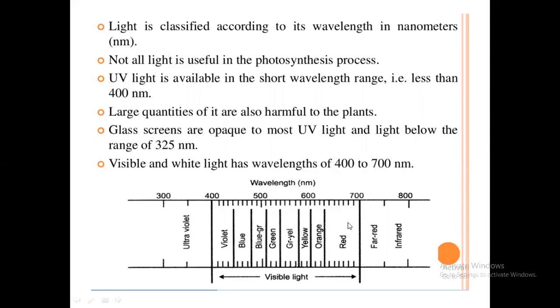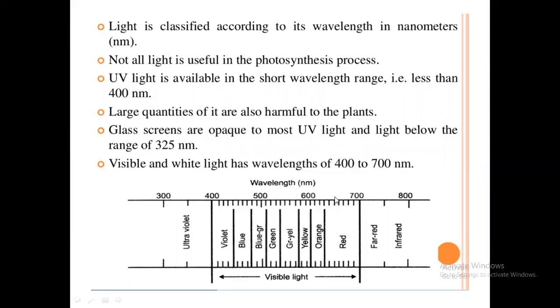This much of the spectrum of solar radiation is called visible light, and it includes violet radiation, blue radiation, blue-green radiation, green radiation, green-yellow radiation, yellow, orange radiation, and red radiation.